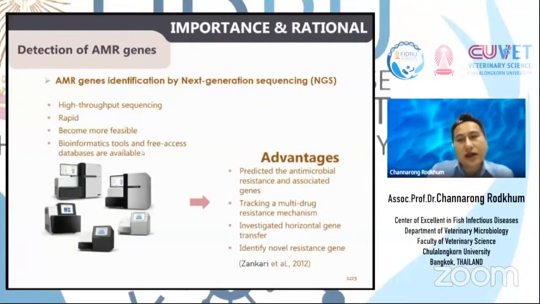The advantages of using next generation sequencing for identifying antimicrobial resistance genes are that we can predict antimicrobial resistance and antimicrobial-associated genes, and we can track multi-drug resistance mechanisms using bioinformatics tools. We can also investigate horizontal gene transfer and identify novel resistance genes.